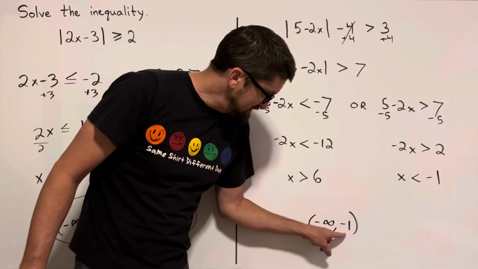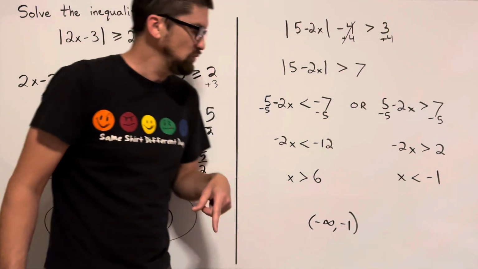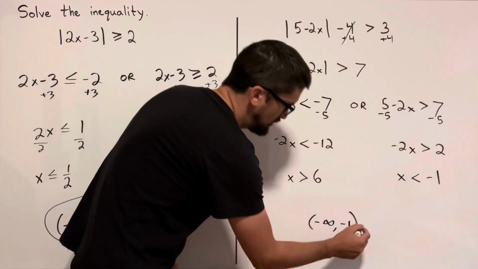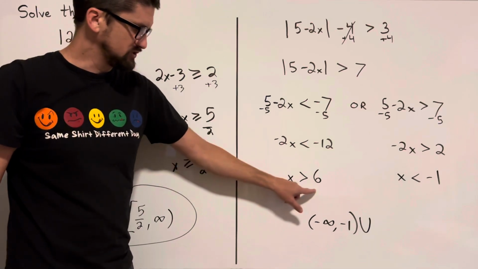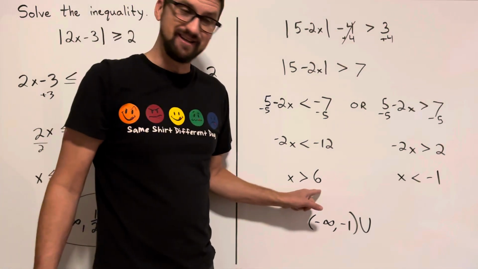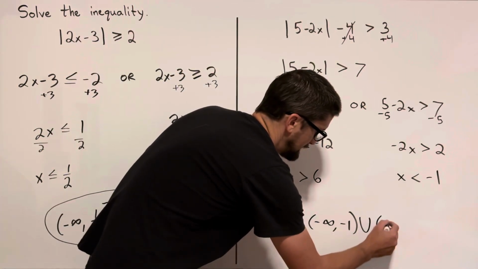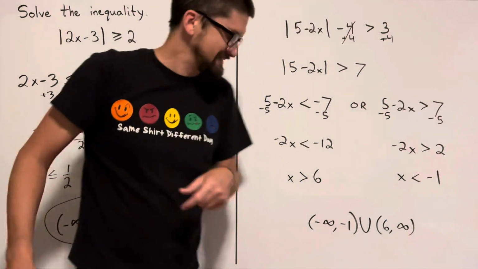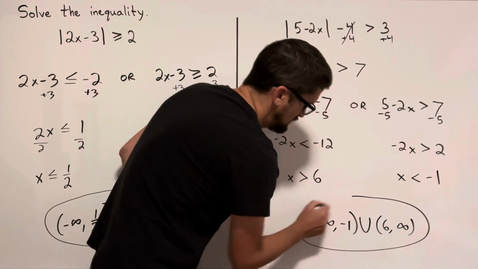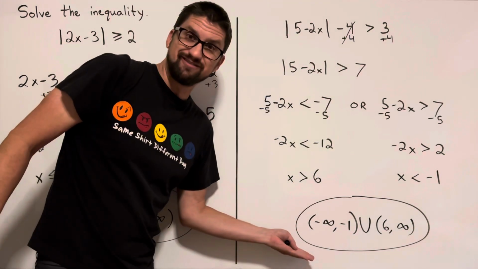But the parentheses mean the negative 1 is not included. And then the or is the U symbol, the union symbol. And then the interval for this would be 6, comma, infinity with parentheses. The infinity symbols always get parentheses. That's the answer to the second one. There you go.